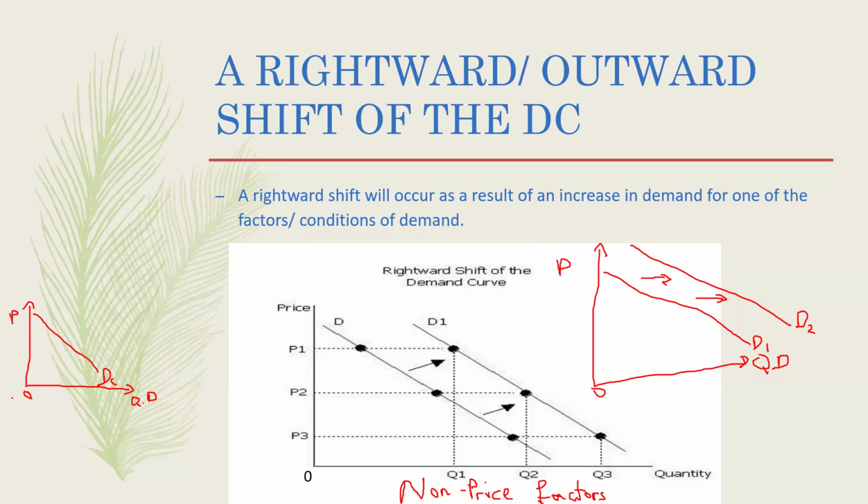They don't like the item anymore. So let me call this demand curve 1. Because you don't like the item anymore, your demand for the item is going to go down. It's going to decrease. And when it decreases, it will shift inwards. So it will now be from D1 to D2.